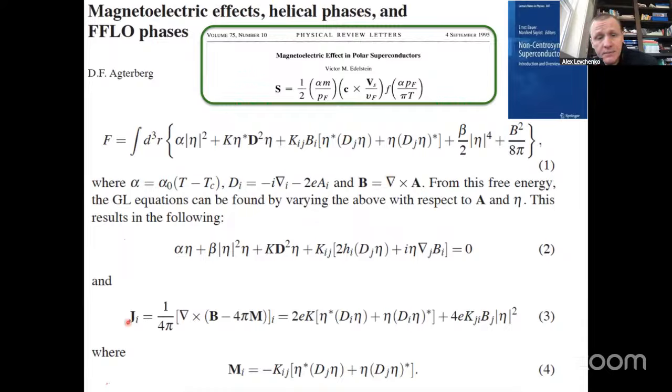The current can also be written as a Maxwell equation, where J is just the curl of the field, but here we also need to account for an additional contribution, which is this magnetization part. The magnetization part comes from the fact that in superconductors which break inversion symmetry, passing a supercurrent leads to a finite magnetization.